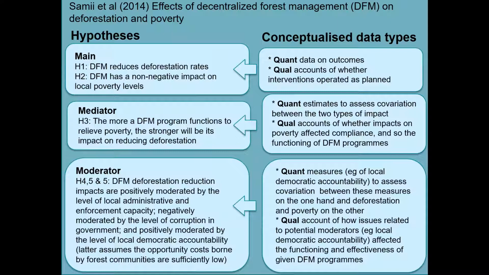And on the right, the review authors are thinking, yes, I can use quantitative measures to look at covariation between these two measures, but I can also use qualitative data, if I can find it, to look at how people talk about these things and how they affect the functioning and effectiveness of the programs. So a different way of laying out research questions, pointing out this moderating influence of local democratic accountability, and ideas about what can be done with different kinds of data.